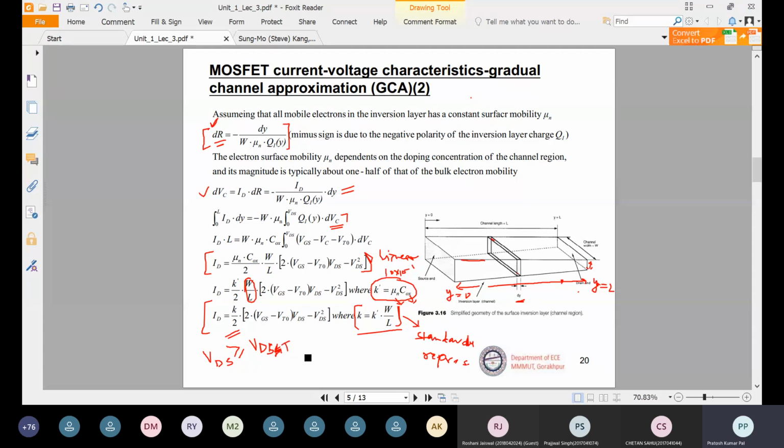Okay. So अगर VDS, VD sat से ज़्यादा होगा, that means it should be greater than or equal to VGS minus VT0.